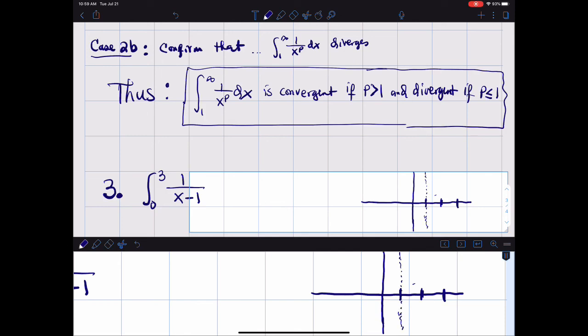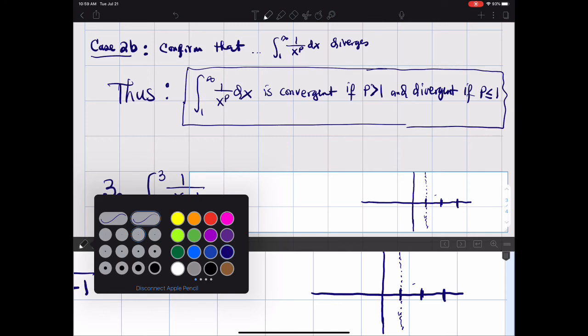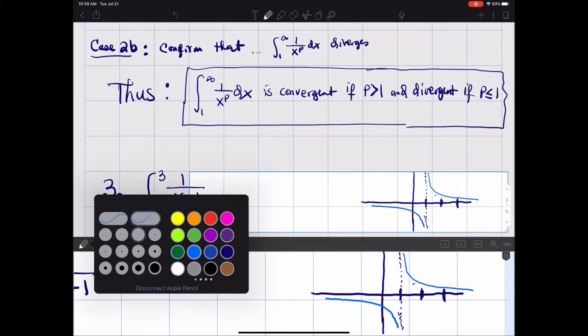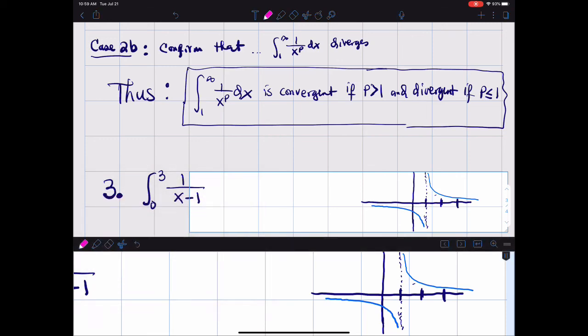However, the graph of 1 over 1 minus x is, let me go with light blue here, that, and then this. So what we are looking for is the area from 0 to 3.